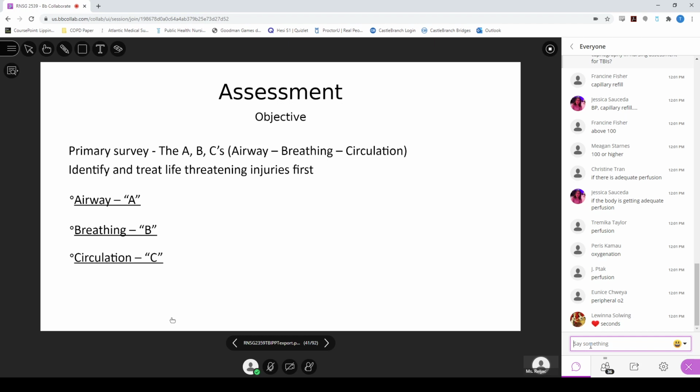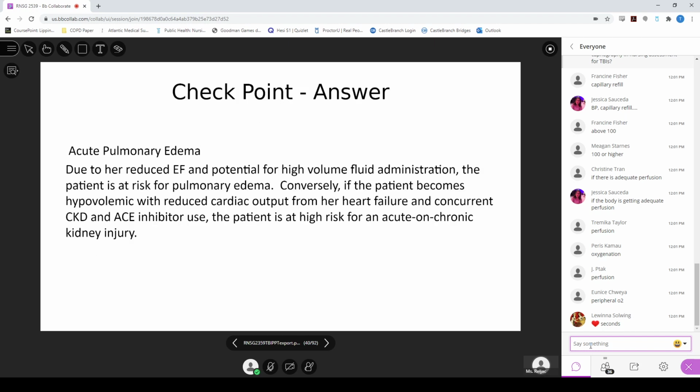So key here in any type of emergent situation is not to wait until you need that line to put it in. Start putting it in as soon as you possibly can, so that when you actually need it because the patient's coding or in shock or whatever it is, you're not then trying to put an IV or a central line in a patient and you can't even find a vessel at that point to put it in. Okay.